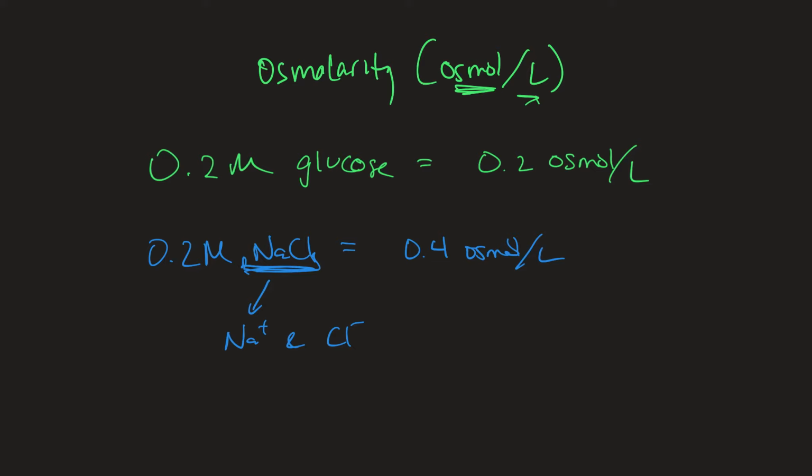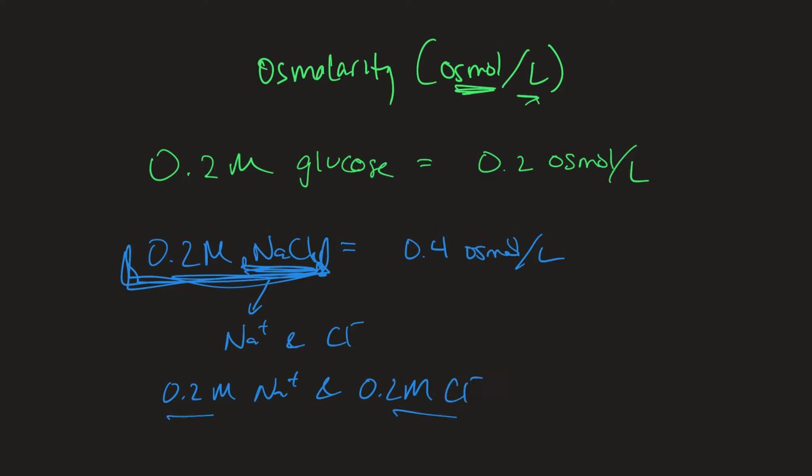So really you make 0.2 molar of sodium ions and 0.2 molar of chloride ions. These two together make 0.4 osmol per liter, because remember, with osmolarity we're looking at the number of moles of dissolved particles, either ions or molecules, per liter of solution. So 0.2 molar NaCl equals 0.4 osmol per liter.